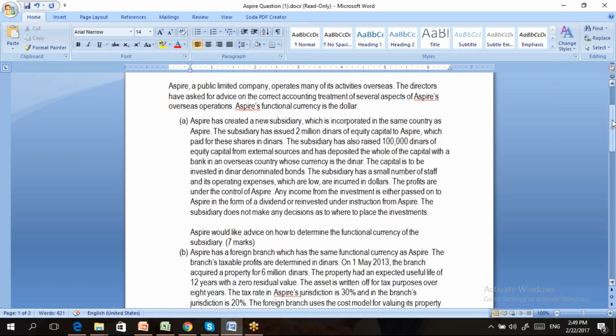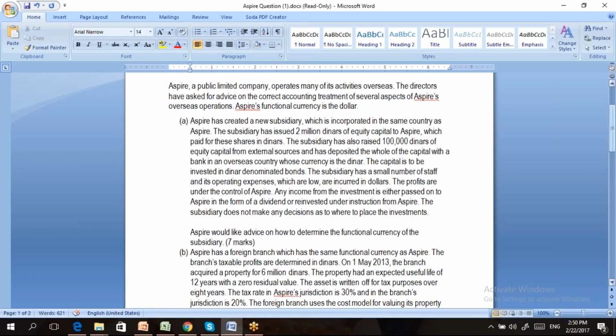So if I were to start, I would have definitely said the relevant standard to determine the functional currency is IAS 21. It provides guidelines or indicators. Number one, the currency which mainly influences sale price for goods and services. Number two, the currency of the country whose competitive forces and regulations mainly determine the sale price.